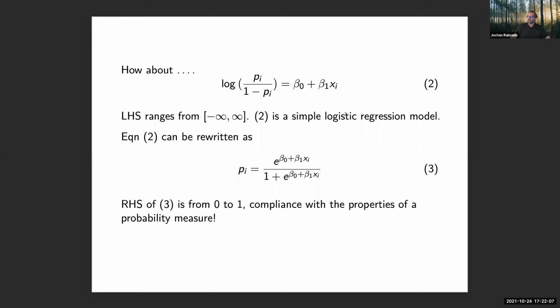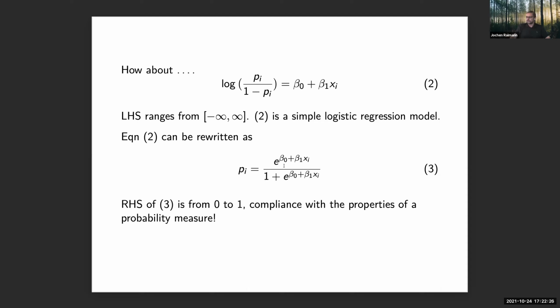So now this is a simple logistic regression model. Now you can rewrite it to express your probability pi again, and you do that by exponentiating the right-hand side and by that coming back to your probability.